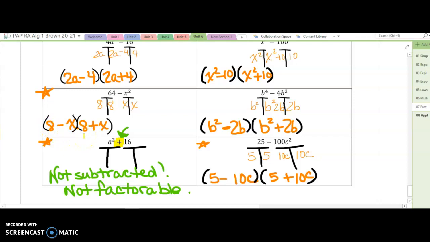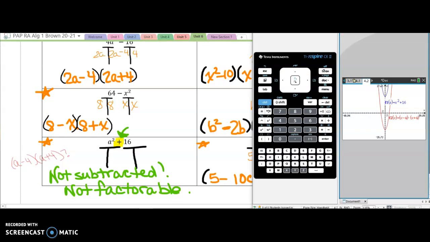Or your last terms would be a negative x squared, right? Negative x squared. So if you were to work this out and had done this, you would have probably gotten an a minus 4 times an a plus 4, thinking that that might be a negative, right? Okay, so look at your calculator.